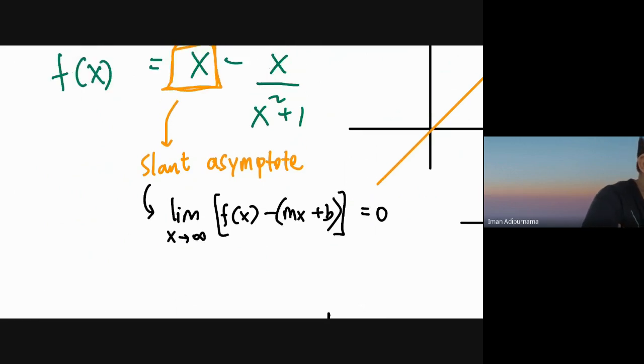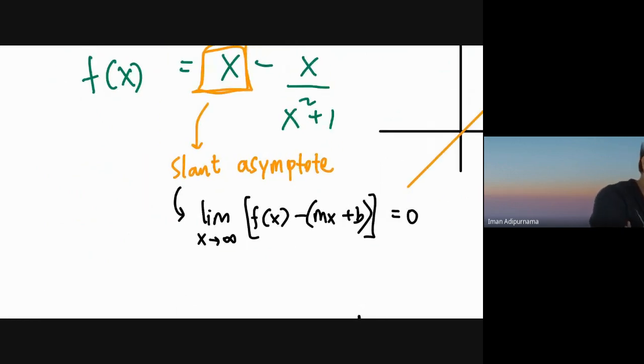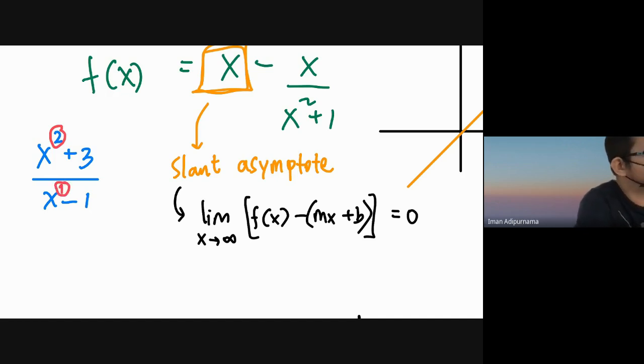So whenever you have a function like x squared plus 3 over x minus 1, notice that you have degree 2 and degree 1 here, right? The difference should be only 1 degree, so that you have a line equation in the expansion, and that will be the slant asymptote.